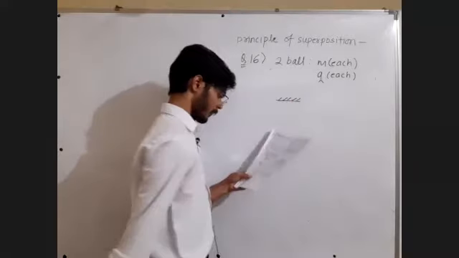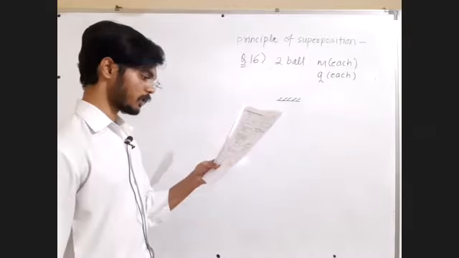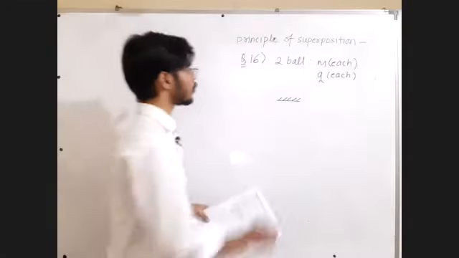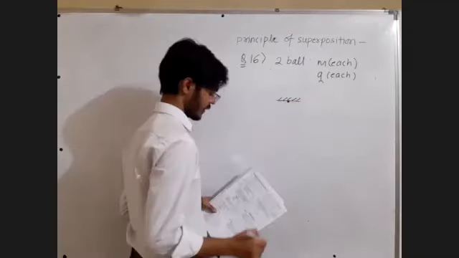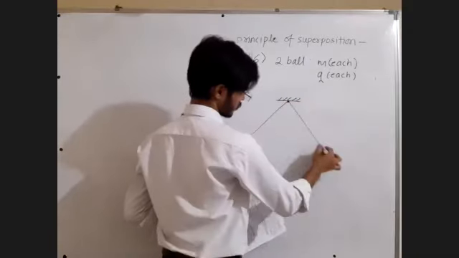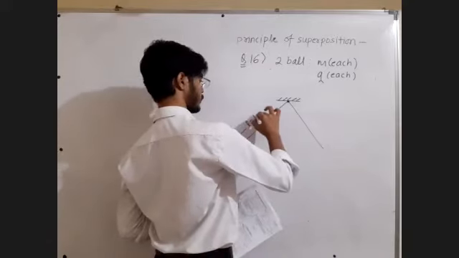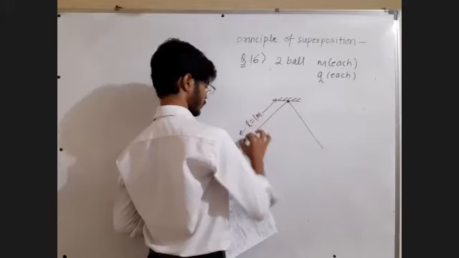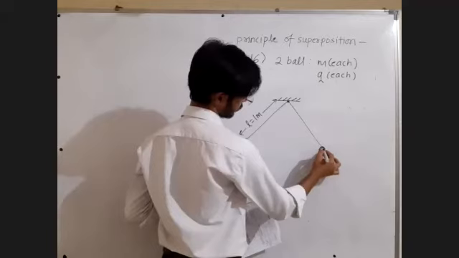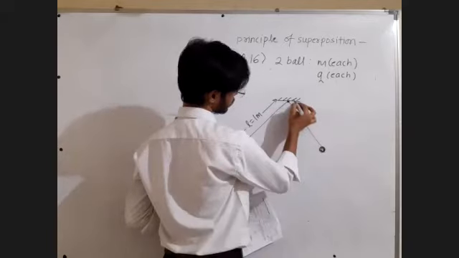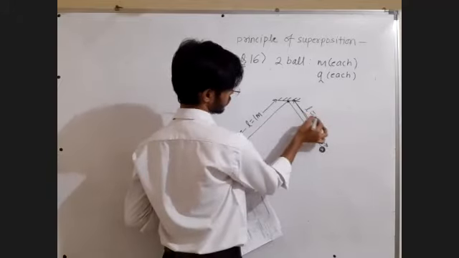The strings have length equal to 1 meter. The length of the string is given to us and one diagram is also given. This length L is equal to 1 meter. This is one ball, this is another ball.